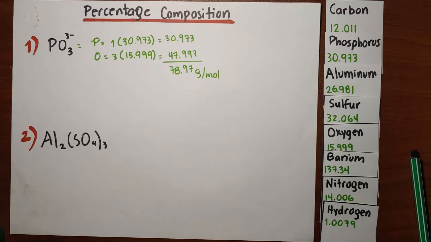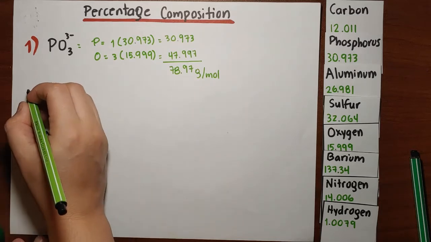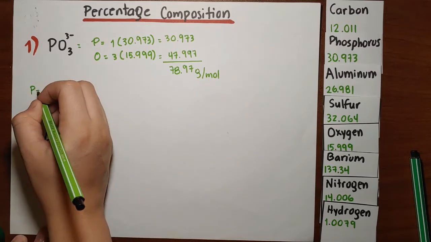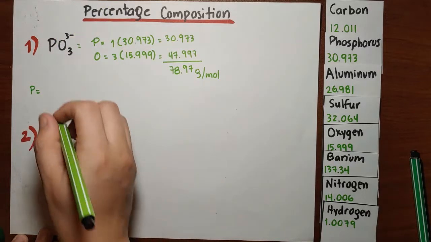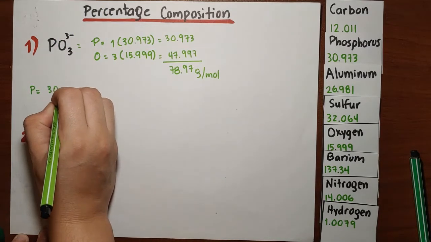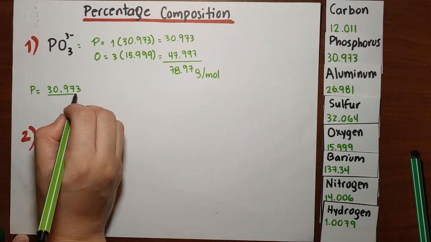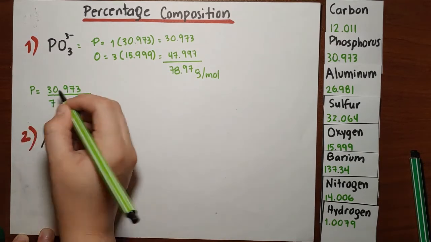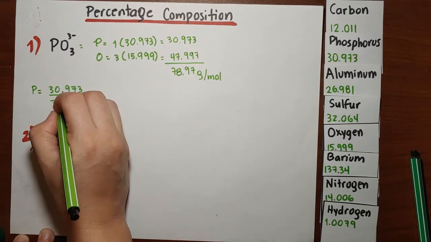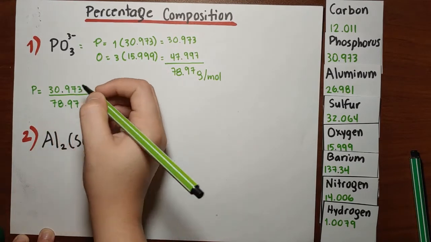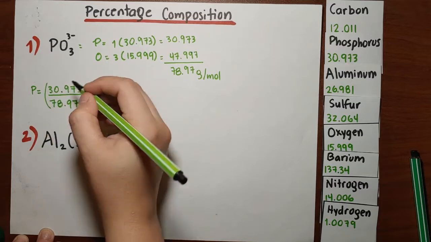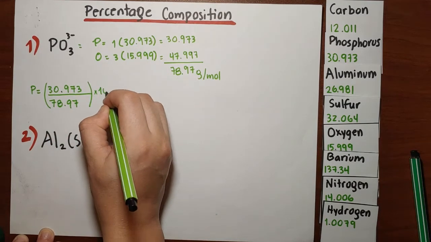So for phosphorus, it's going to be the total amount of phosphorus, which is 30.973, divided by the total, that is 78.97, and then you multiply times 100.